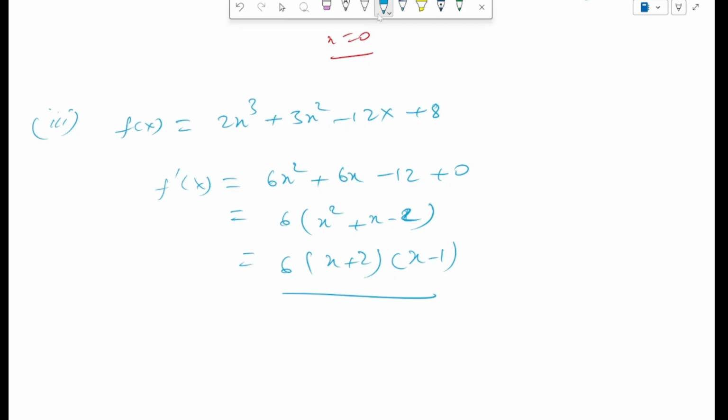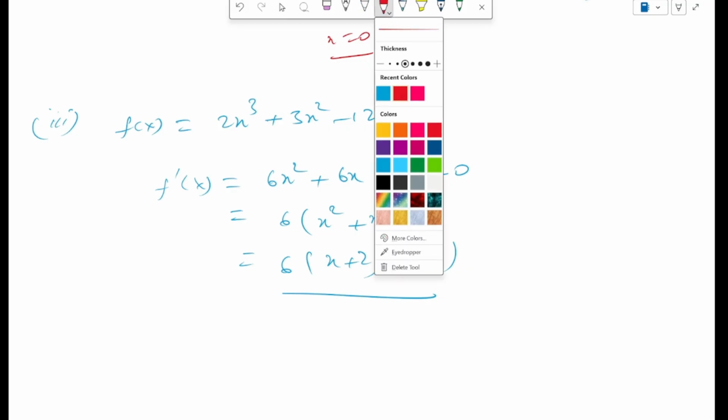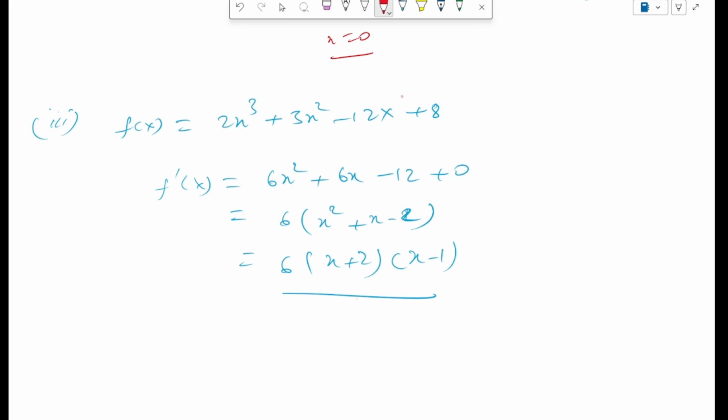Now in this particular case, if we equate this to 0, what are we going to get? Let me tell you another small concept here.